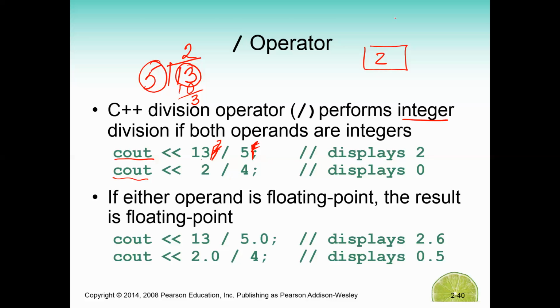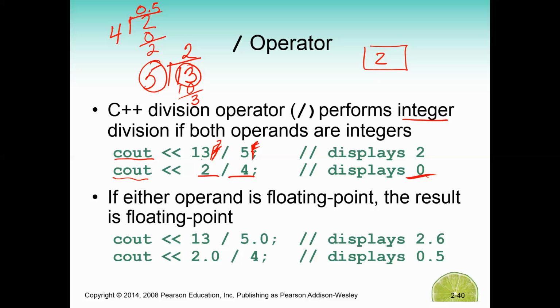2 divided by 4. How many times will 4 go into 2? None, right? 0. So we have 0 times 4 is 0. Remainder is 2. If we continued this, it would be 0.5, right? That would be the result. But because these are two integers, it's going to display just the 0, not the fraction.